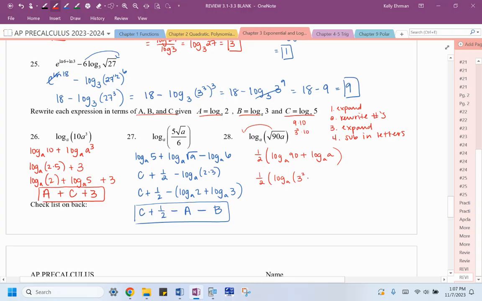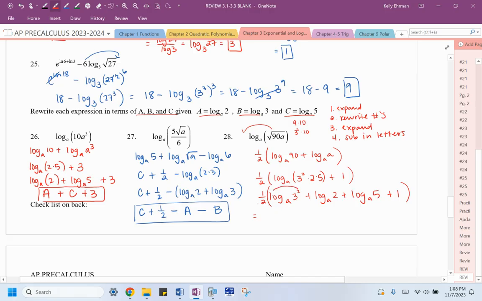So 3 squared times 10 plus log base a of a is 1. Expand. 1/2 times log base a of 3 squared plus log base a of 10. Oh, 10, sorry. 10 should be, let's make that 2 times 5. So log base a of 2 plus log base a of 5 plus 1.